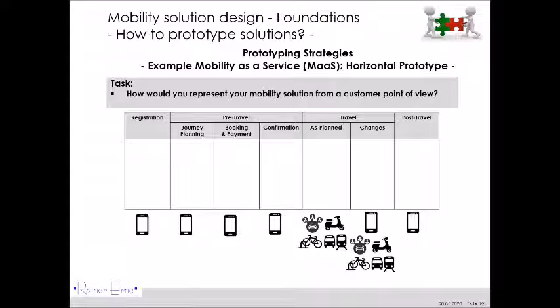So what services in every stage should be delivered to the user in order to make a MaaS solution marketable? And we will discuss this later on.